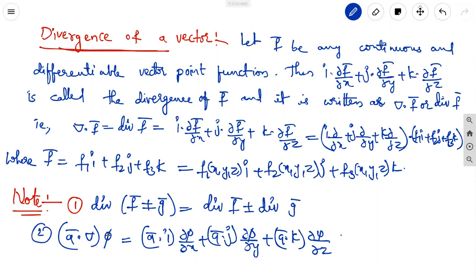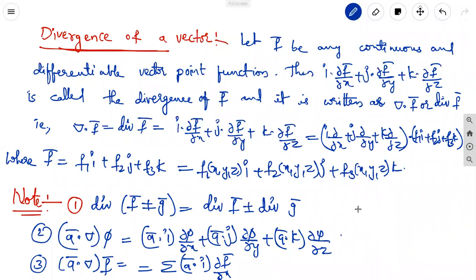That is nothing, it is a scalar function. Third one is a vector dot del vector, that is the operator, into f vector. It is nothing but equal to sigma a vector dot i into dou f vector by dou x. These are the basic conditions for divergence of the vectors.